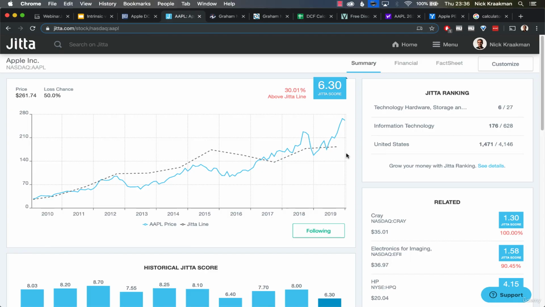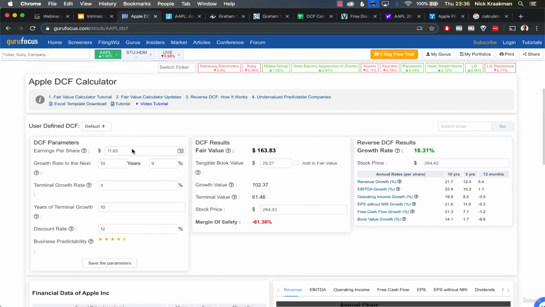One of the questions I get a lot is, why don't these valuation models line up? Why don't they give us the same results? And that is of course because you saw when I changed this growth rate, if I change it back to 20%, you see what a gigantic change that makes to the intrinsic value that's being calculated.